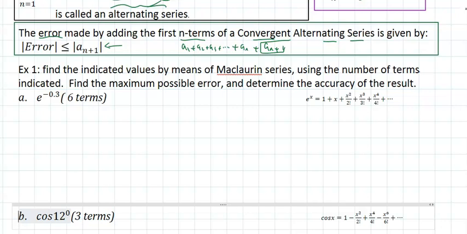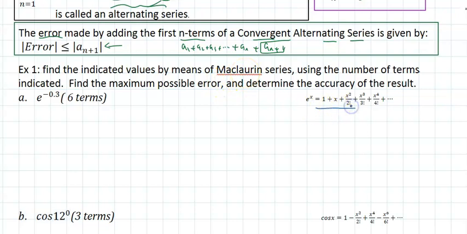And the directions are straightforward. Find the indicated value by means of Maclaurin series, meaning use those tables, using the number of terms indicated. So each of these problems says how many terms to use. Find the maximum possible error and determine the accuracy of the result. So this is sort of how we program computers or machinery.